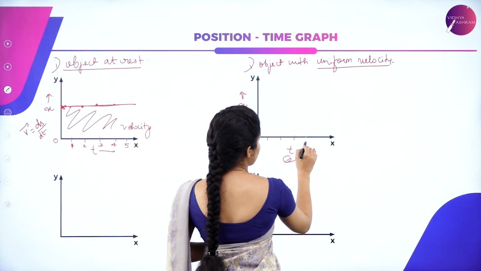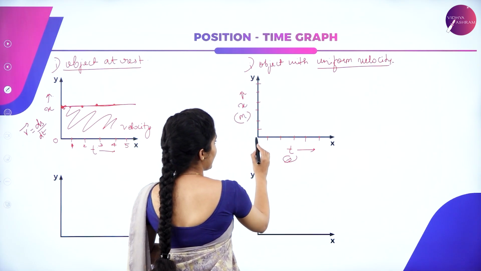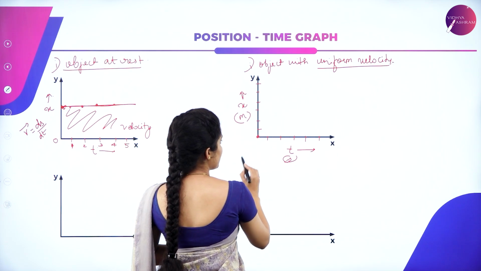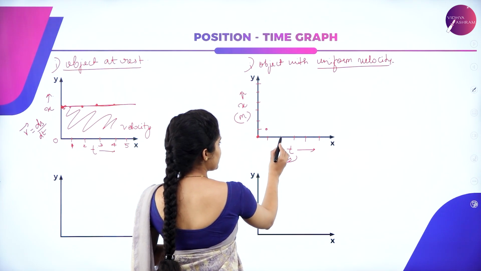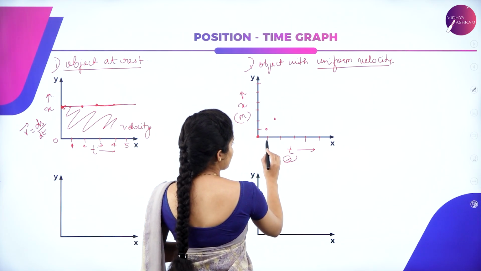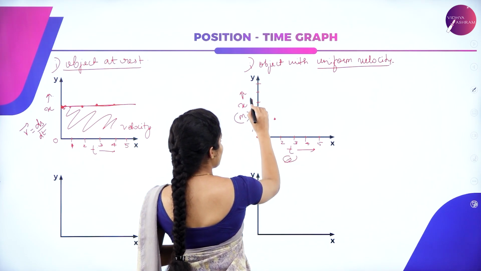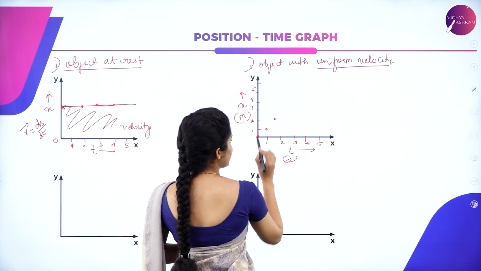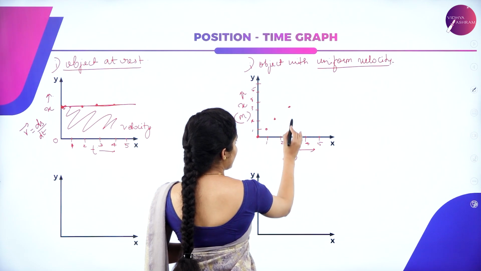Suppose these are the time intervals and these are the meters covered. At the origin it will be here itself, and after a certain interval of time it moves 1 meter, and then again moves forward. If this is 1, 2, 3, 4, 5, at the 3rd second it moves 3 meters, so 3 and 3.